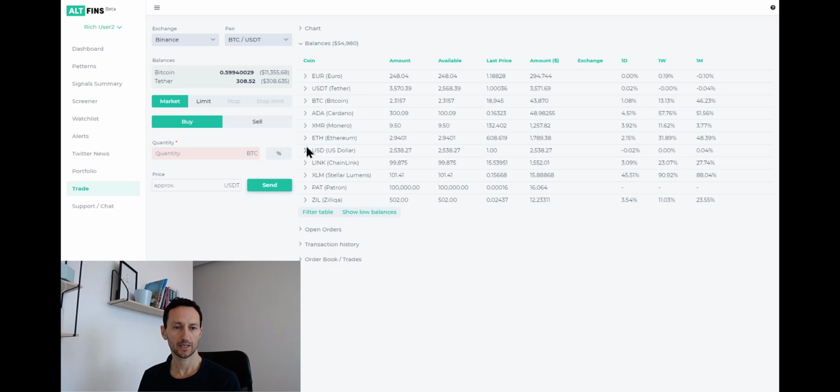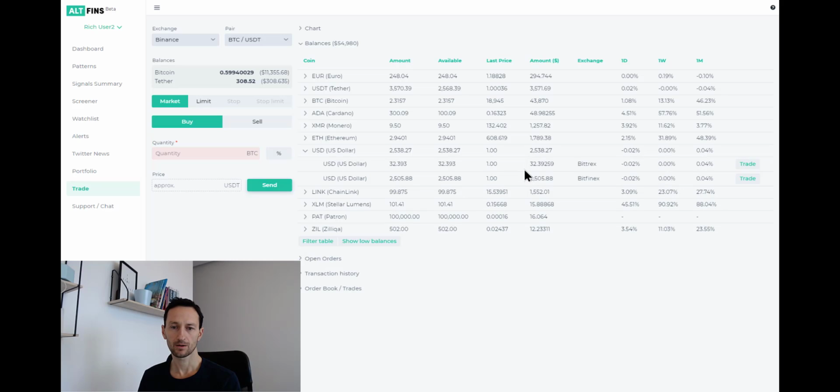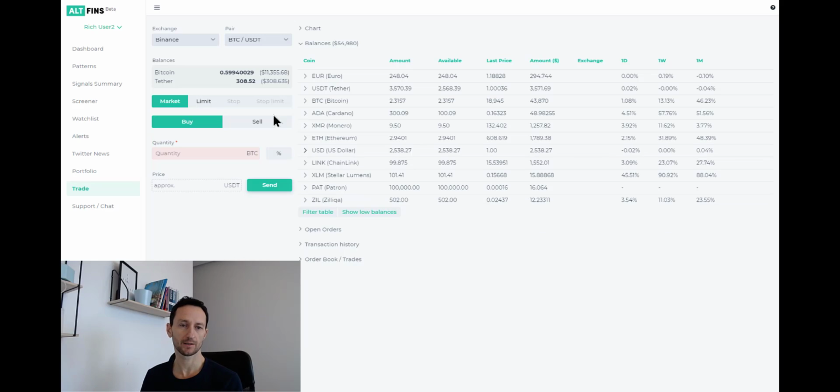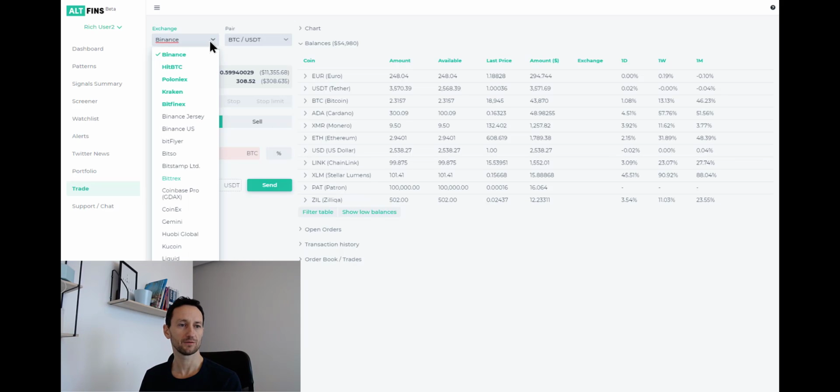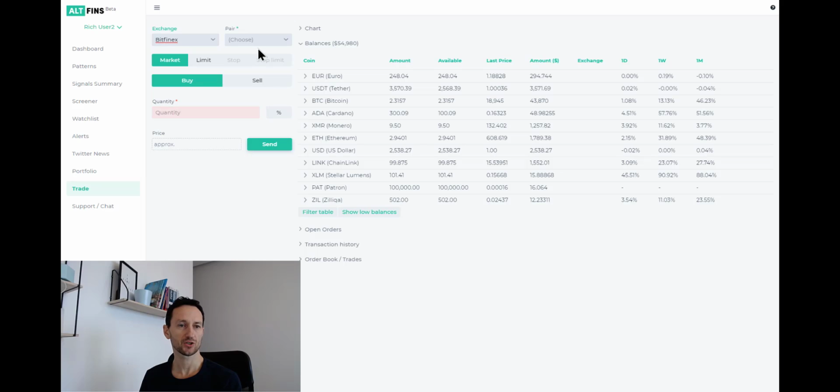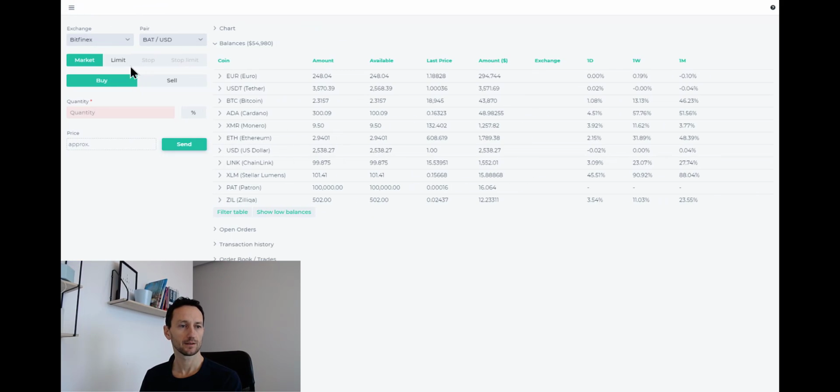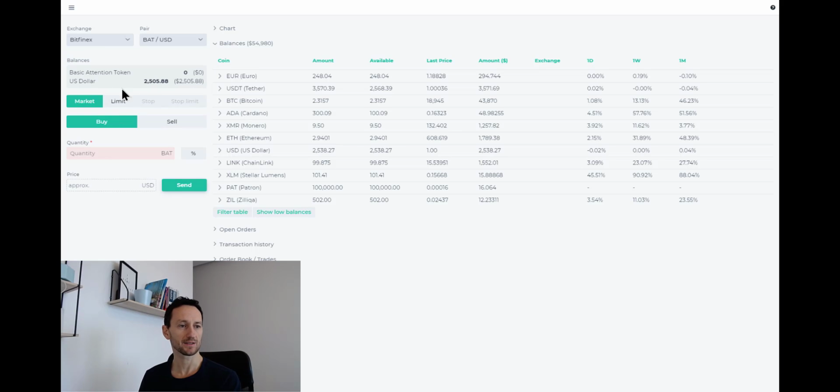And I also have some USD on Bitfinex, $2,500. Let's go ahead and see if we can trade BAT on Bitfinex. So I'll switch to exchange Bitfinex, BAT versus USD. There it is. The system now will show me what balances I have. I have, as I mentioned, $2,500 in cash on Bitfinex, and I currently own 0 Basic Attention Token.